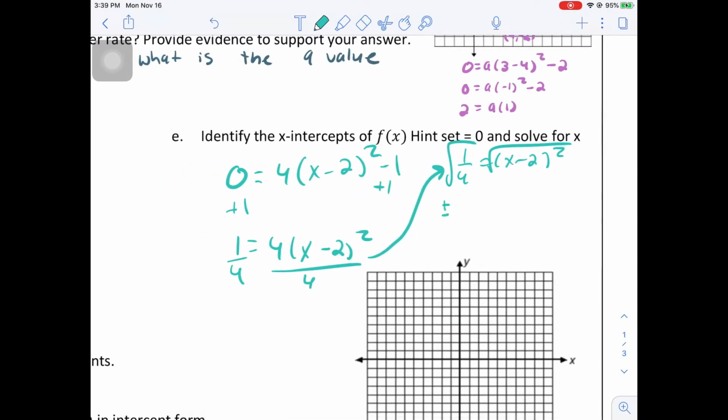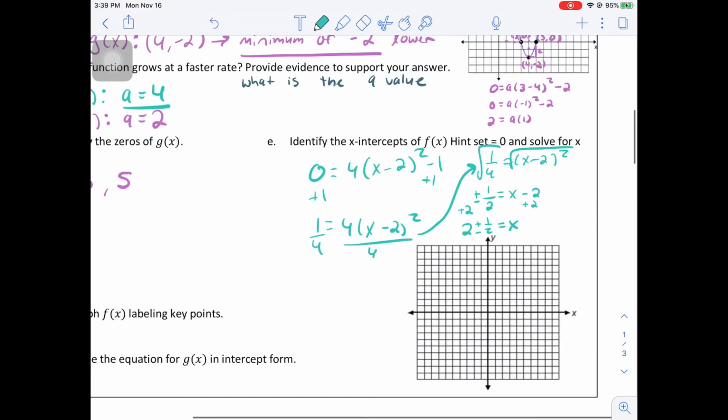Square root both sides. As soon as you take the square root, we go plus or minus. Square root of 1 is 1. Square root of 4 is 2. So that's equal to x minus 2. And then we add 2. So you get 2 plus or minus 1/2 is equal to x, which tells us that the x-intercepts would be 2 plus 1/2 is 2.5.